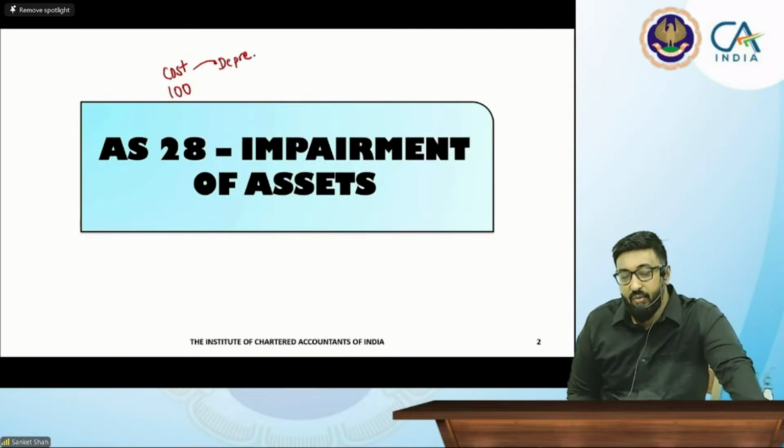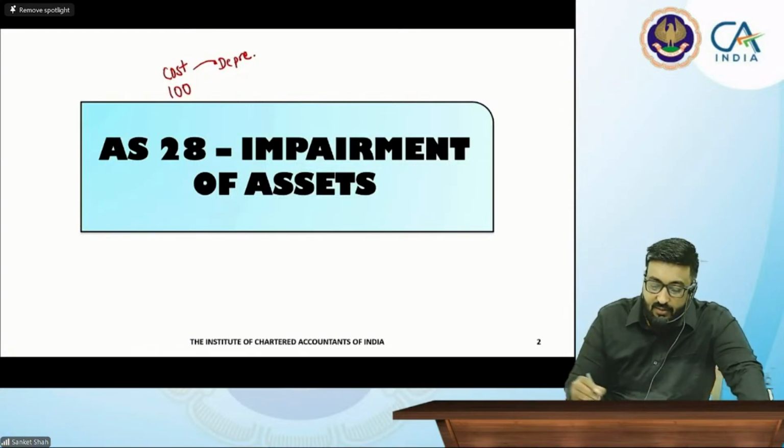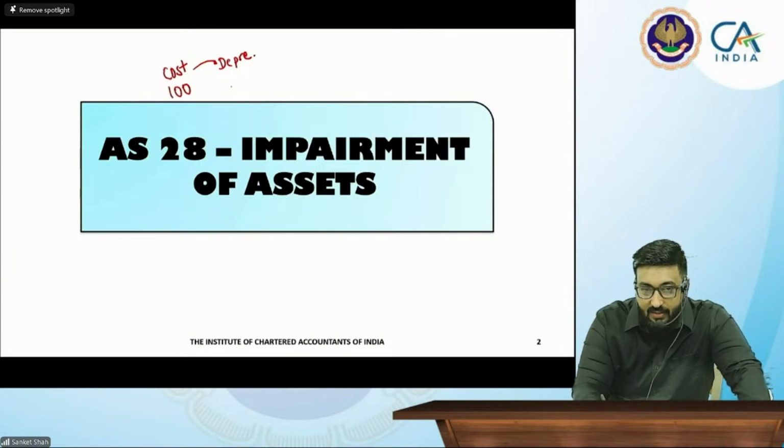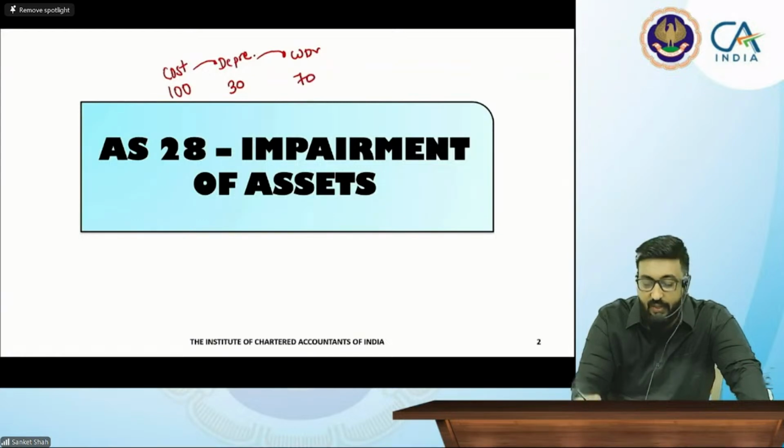So we provide depreciation. Depreciation is the reduction in the value of the asset due to usage of the asset, efflux of time, and obsolescence. You are aware of the definition. So for depreciation over 3 years, 30 rupees: 10, 10, 10. And what is the closing balance? It is called WDV. So WDV of the asset is 70 rupees.